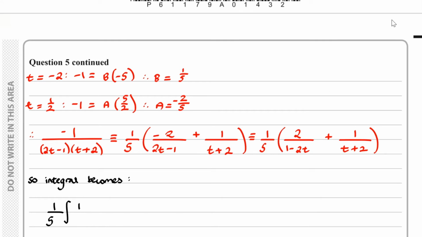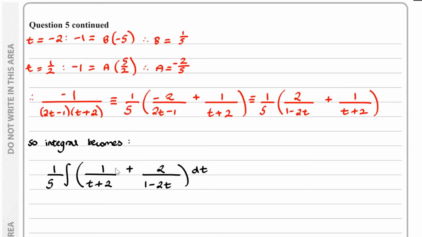So we have, if I put this in brackets, 1 over t plus 2 plus 2 over 1 minus 2t. And we wish to integrate this with respect to t.